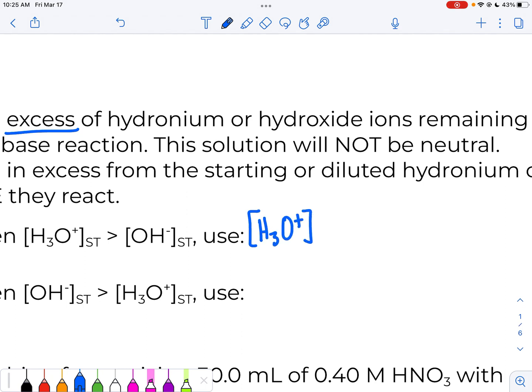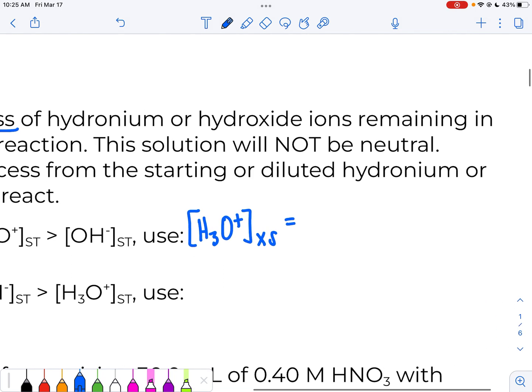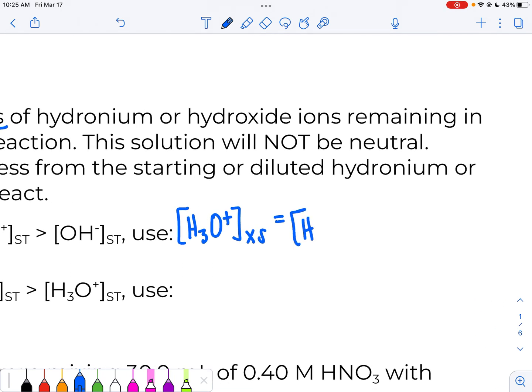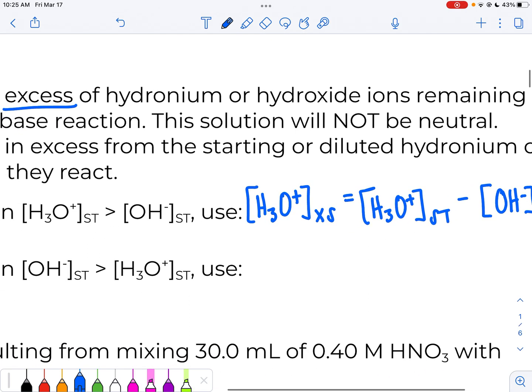How much hydronium will we have left over? We're going to call it concentration of H3O+ excess. To figure it out, we take our starting concentration of the hydronium and we subtract out the concentration of our hydroxide. That's going to tell us how much hydronium we have left in excess. Alternatively, what would happen if our hydronium gets used up first?